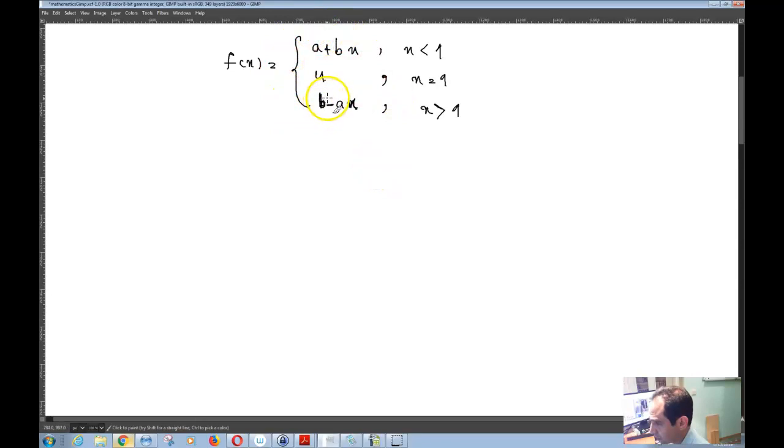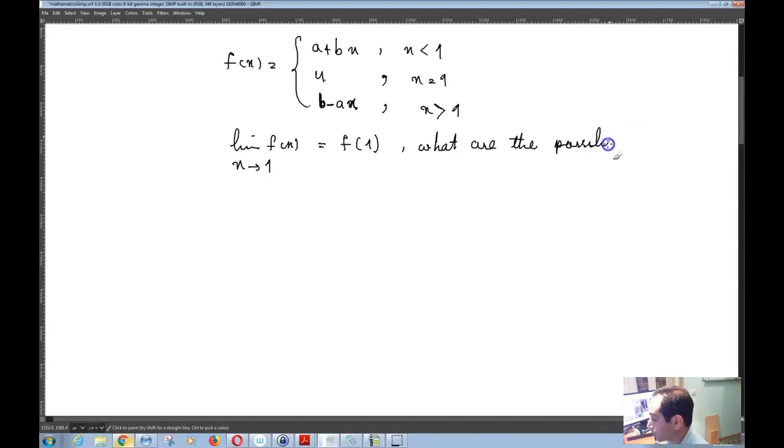Now if the limit of f of x when x tends to 1 is equal to f of 1, what are the possible values of a and b?